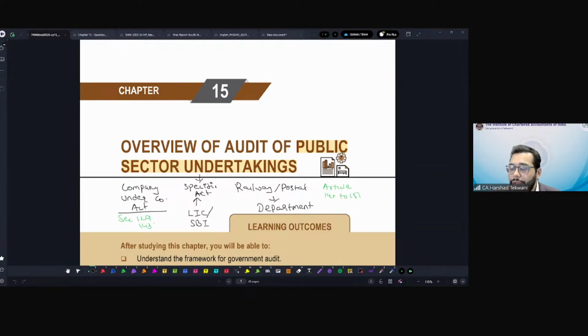Okay. Now, in case of audit of government companies and public sector undertakings, I'm not sure, do you remember or not, when we were discussing section 143, at that point in time, we discussed about some specific audit for the government companies. So do you remember any provision under section 143 which is applicable to government companies that we discussed?